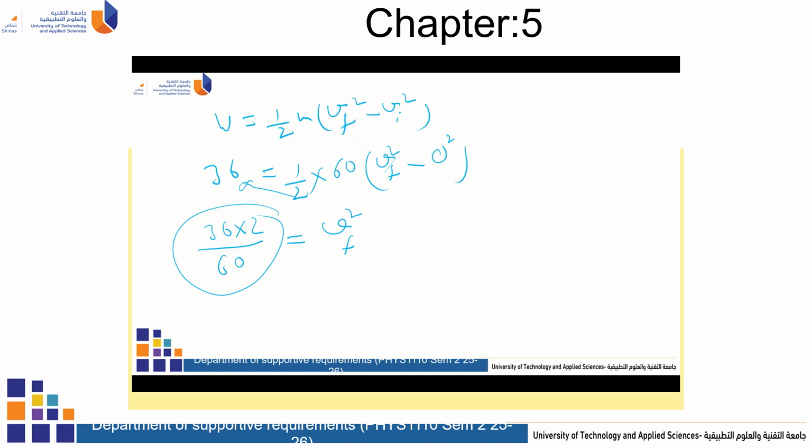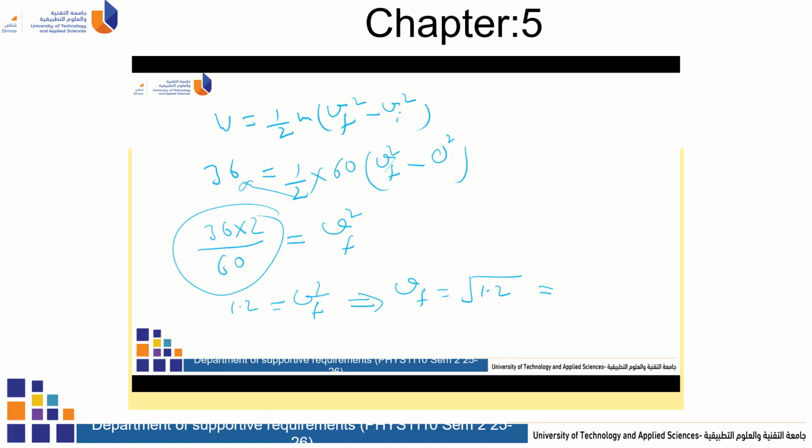Okay, so if I solve this one, this will come 1.2 equal to vf square. Here we need the value of vf, not vf square. So vf is equal to under root of 1.2.